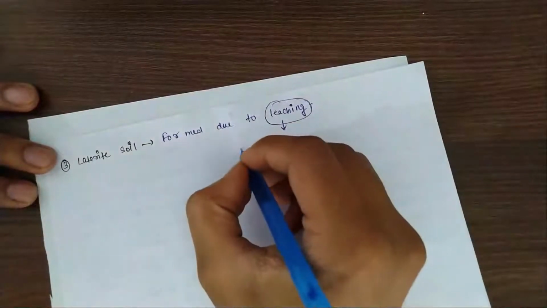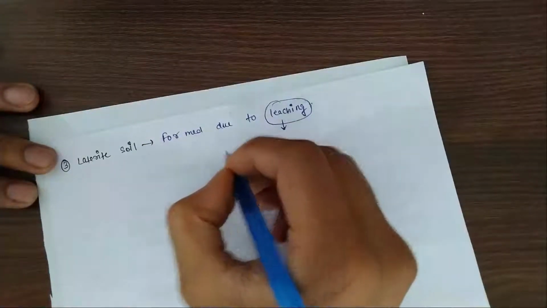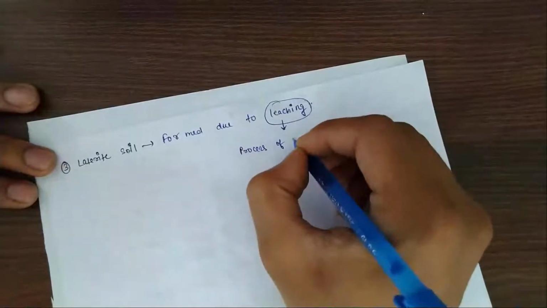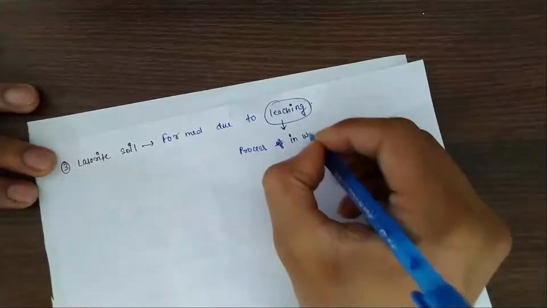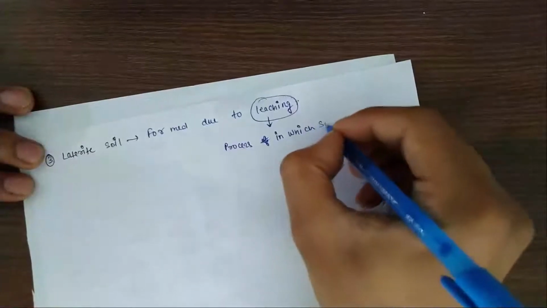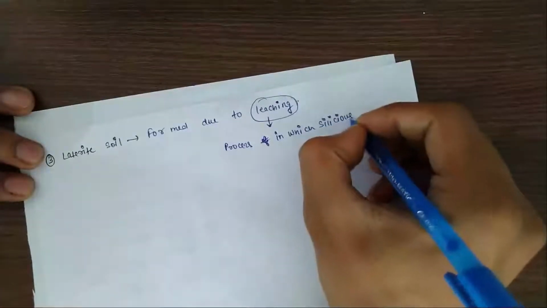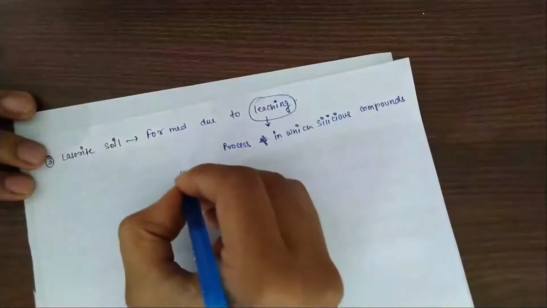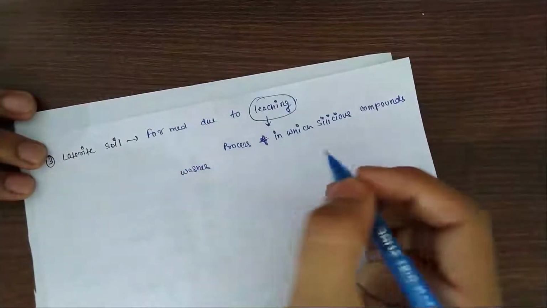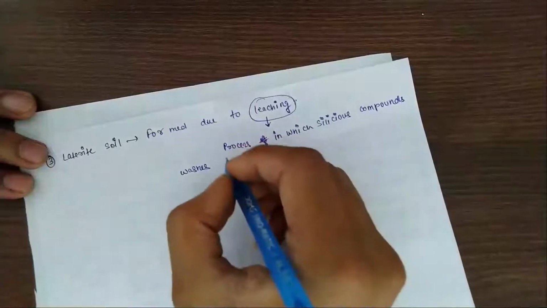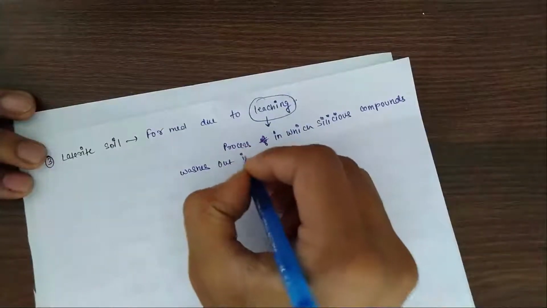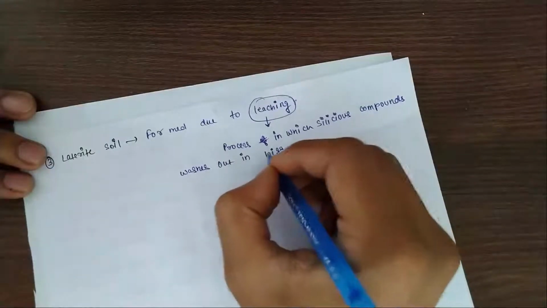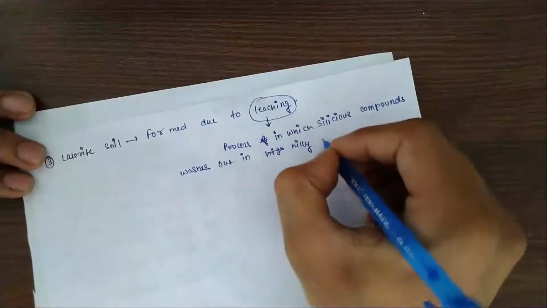It is a process in which siliceous compounds wash away, and this generally happens in hilly regions.